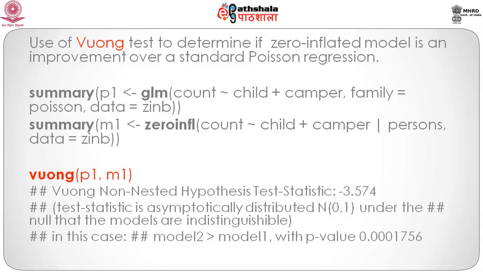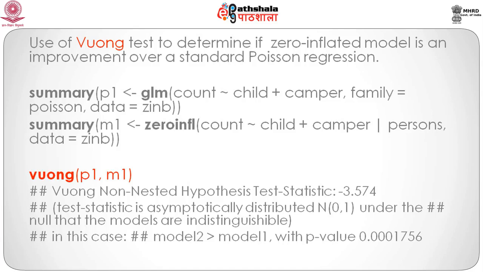This can be tested formally using something called a Vuong test. So this has been done in this slide. P1 is the object which fits a GLM, the standard GLM with the log linear model to the data. M1 is the object which fits a zeroinfl model to the data, that is the ZIP regression.